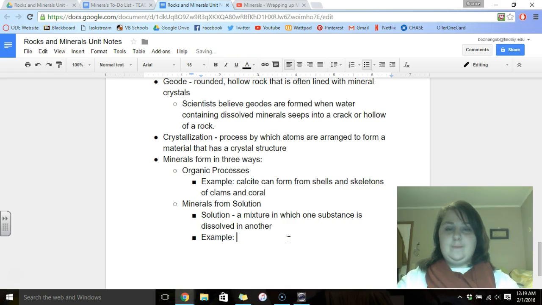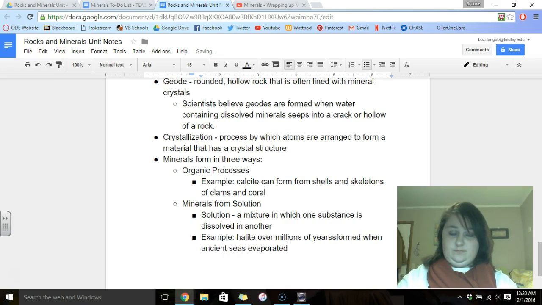So we'll put halite formed when ancient seas evaporated. Formed over millions of years. Oops, put that in the wrong place, didn't I? Formed over millions of years when ancient seas evaporated.